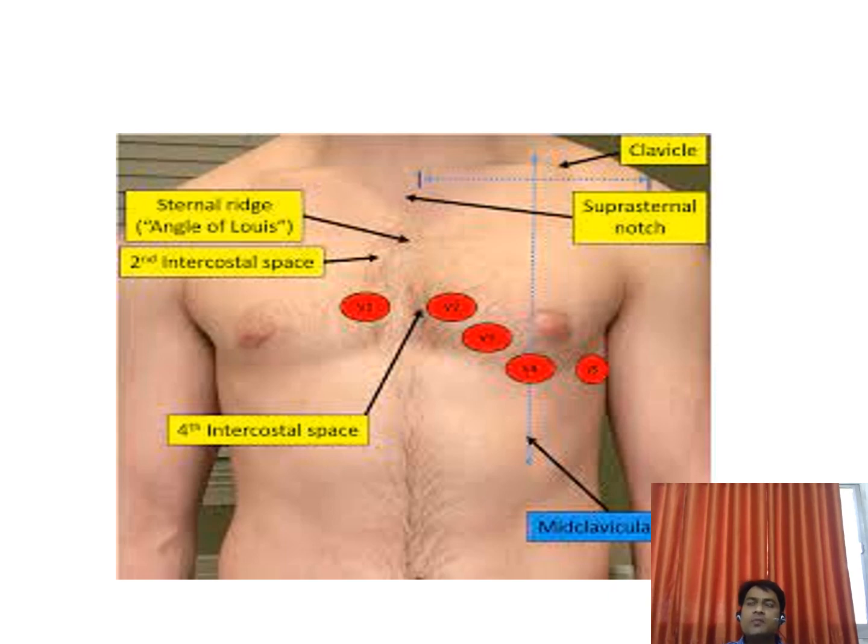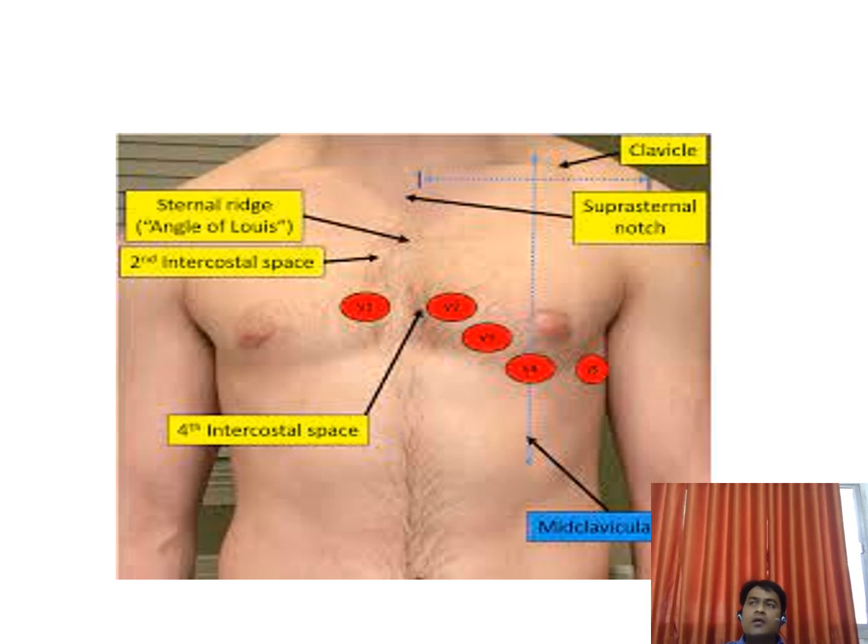Suppose we are placing the active electrode on the right arm, so the other two limbs, that is the left arm and left foot, are connected through a high voltage resistance, and their potential is kept at zero potential.